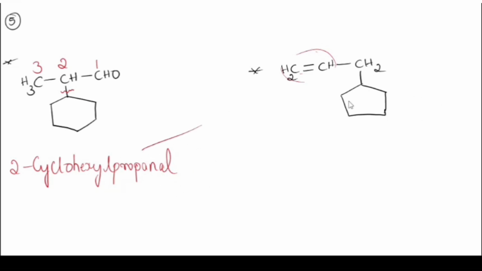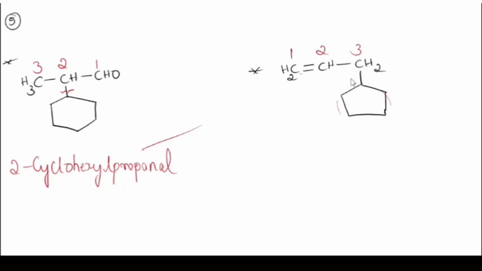Then we'll move on to the next thing. Here you can observe that I already said if the side chain contains a multiple bond, we have to treat this particular group as the parent chain and this one as the side chain. The same rule will follow in this compound also. And from where do we give the number, either from this particular carbon or this one? Absolutely, from this particular carbon it has to start, because the double bond has to get the lowest number. 1, 2, 3.